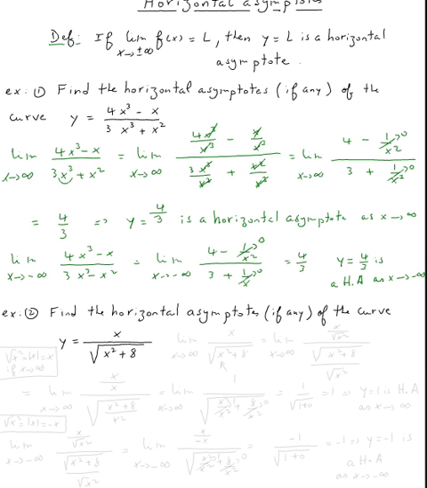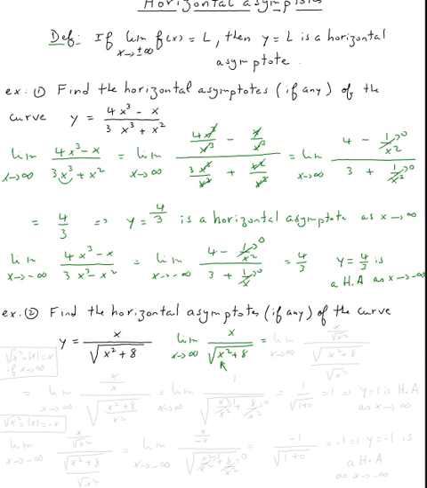For example 2, it's the same thing. We need to find the limit of x over the square root of x squared plus 8 as x approaches infinity. In this case, same thing, we need to divide by the square root of x squared, which is x.